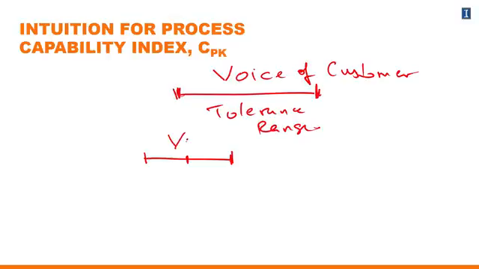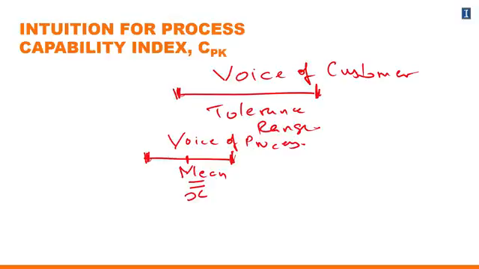So if this is the voice of the process, this is based on there being some kind of mean over here, which we typically refer to as x double bar, and this is going to be based on your plus or minus 3 standard deviations.